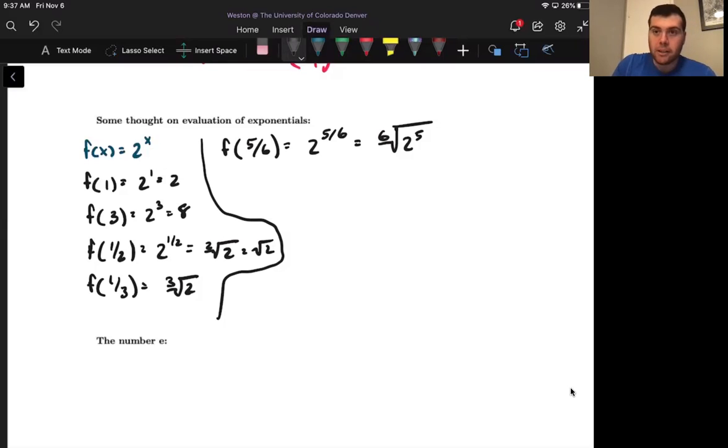An even trickier case is when you have something like f of pi. So the trouble with pi is that pi doesn't have an end, and we can't represent it as a fraction.